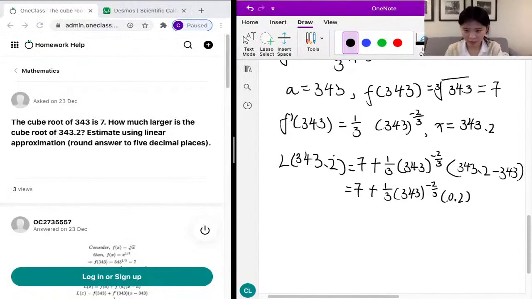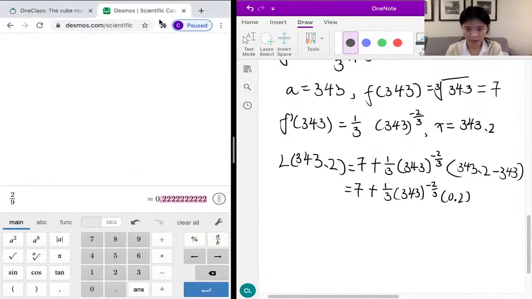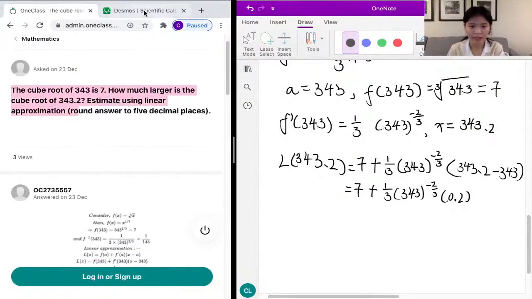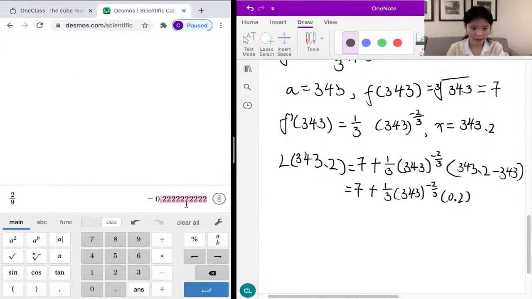Now let's plug it into the calculator to see the actual value of that linear approximation, because the question asks us to round the answer to 5 decimal places.